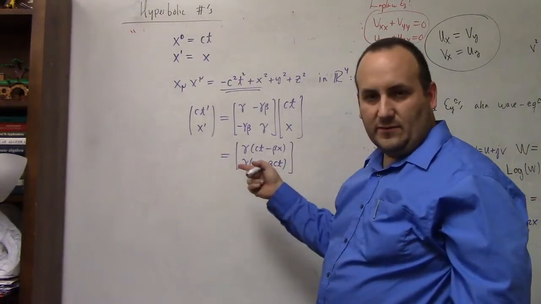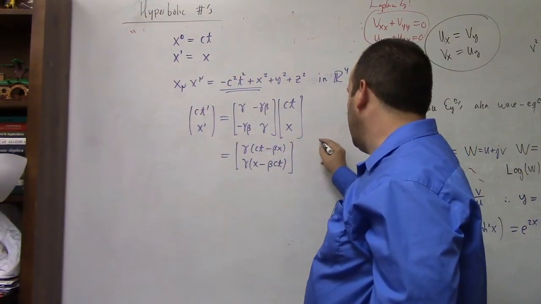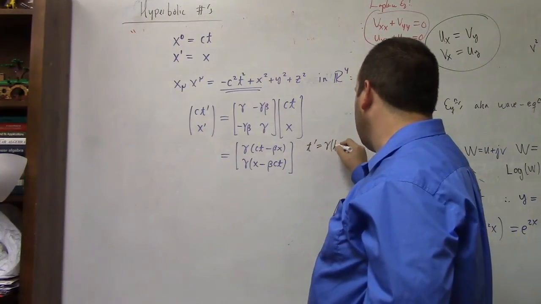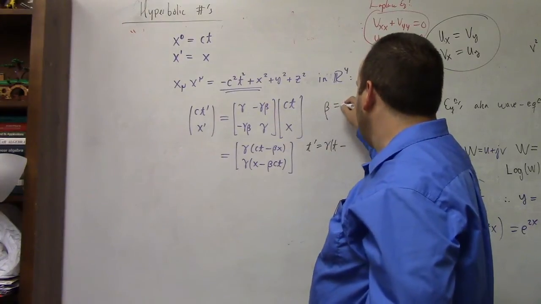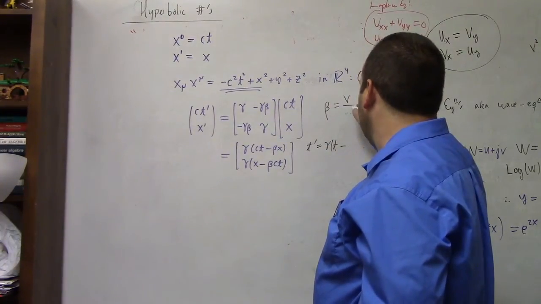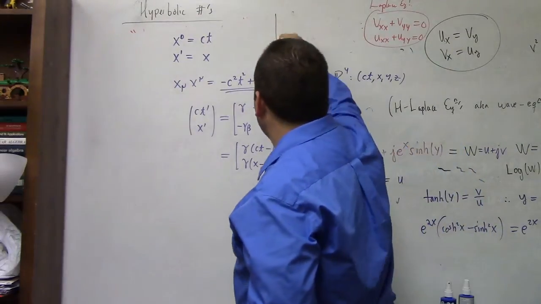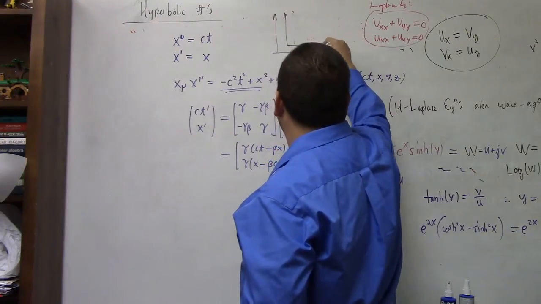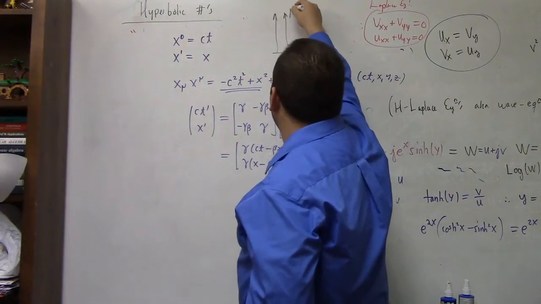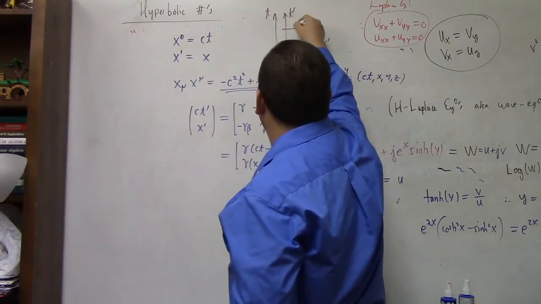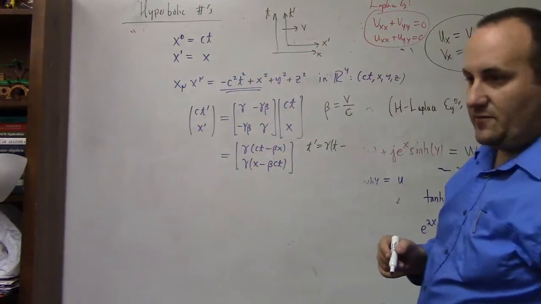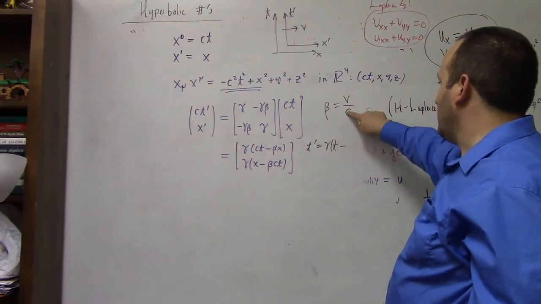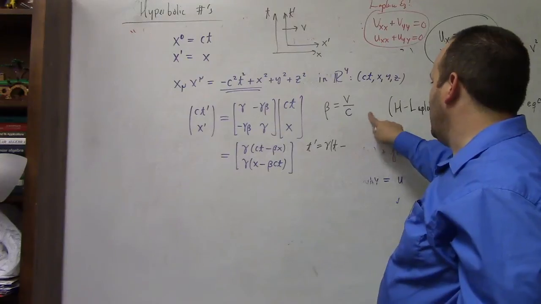So these are Lorentz transformations. If I divide through by c, we've got t prime equals gamma times t, and beta is the speed over the speed of light. Here we're talking about two frames of reference that are coincident at time 0, and this one's moving with velocity v relative to the other one. So beta is the ratio of the velocity at which the origin of the prime system is moving in the unprimed system.